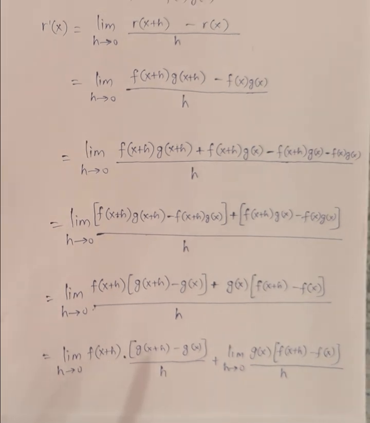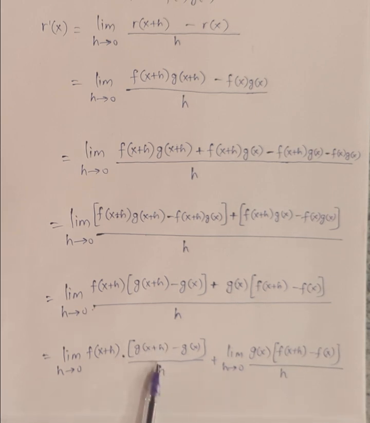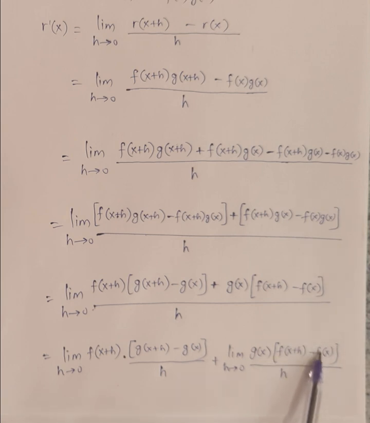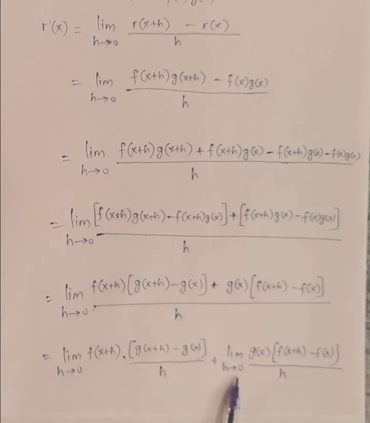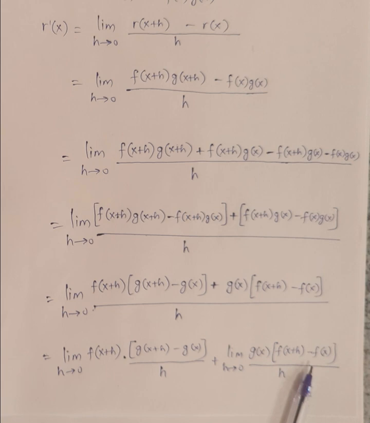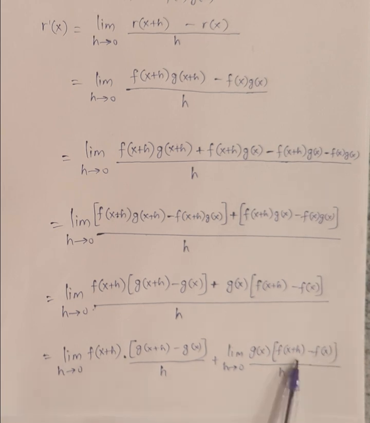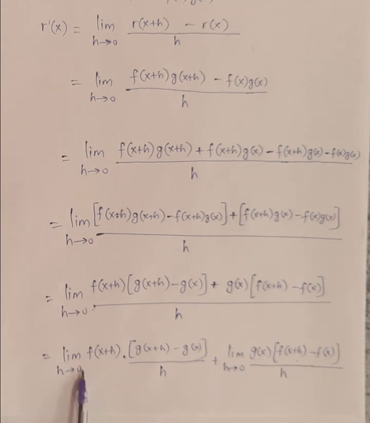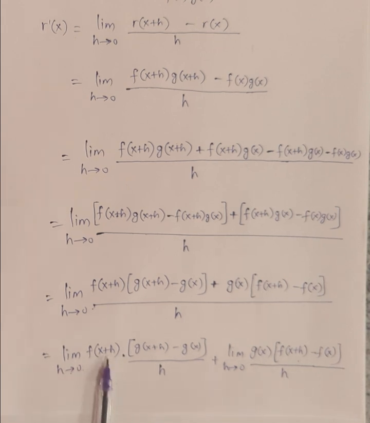And notice this quantity with limit h approaching 0 is the derivative of g, and this quantity with limit h approaching 0 is f prime x, the derivative of f. And if I take the limit h approaches 0 of f of x plus h, I just get f of x.